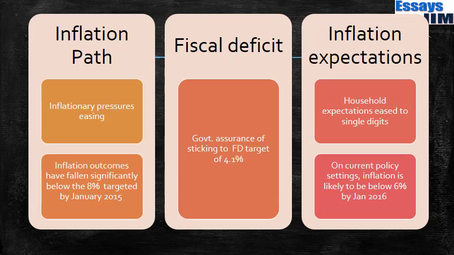The second point is that the government has assured to stick to the fiscal deficit target of 4.1%, which means it is saying that it'll try to have as much fiscal consolidation as possible. So how does fiscal deficit link with inflation? In very simple terms, fiscal deficit basically means that the government is spending more than it is earning. Now, if any person is spending more than he is earning, he needs extra money.